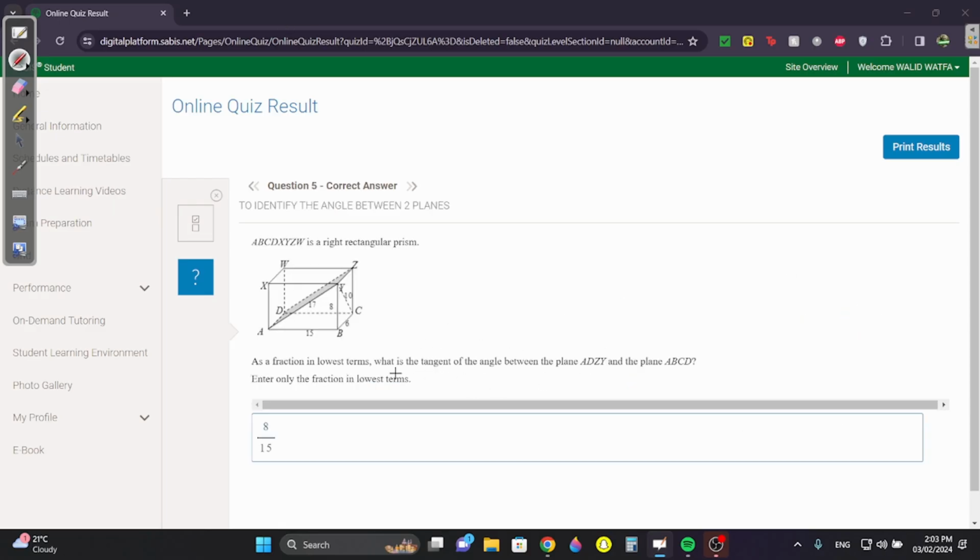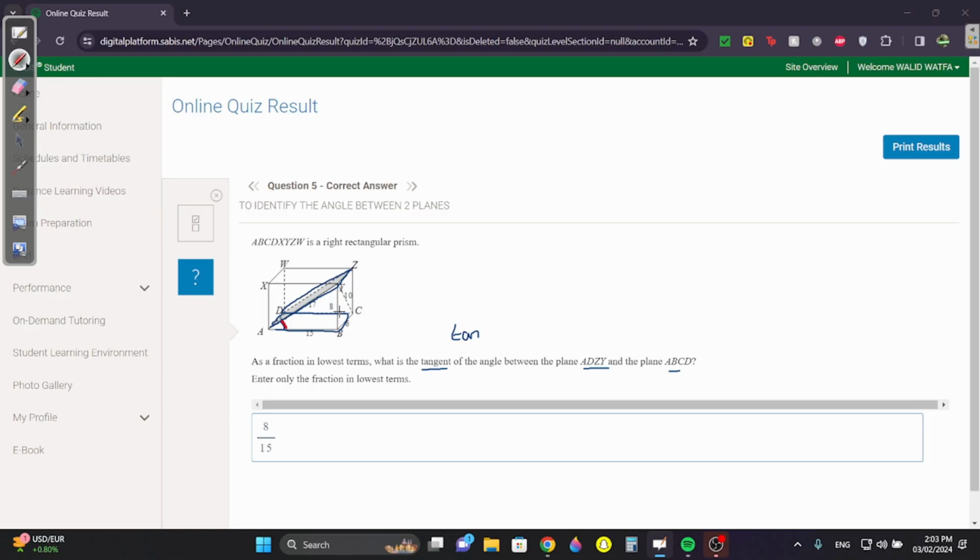This one was in the AMS quiz. What is the tan of the angle between ADZY and ABCD? ADZY over here, this one, and ABCD, which is the base. What's going to be the angle between? It's going to be this one over here, right? This angle.